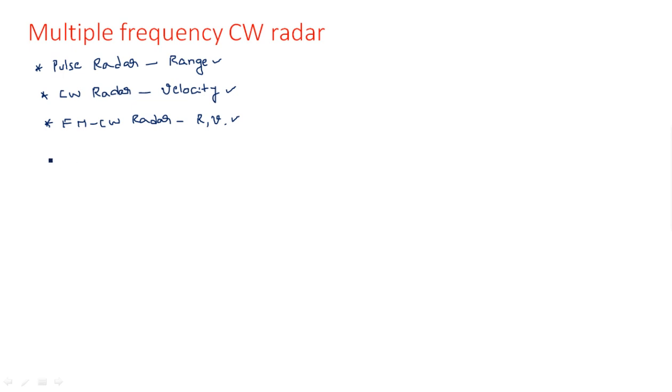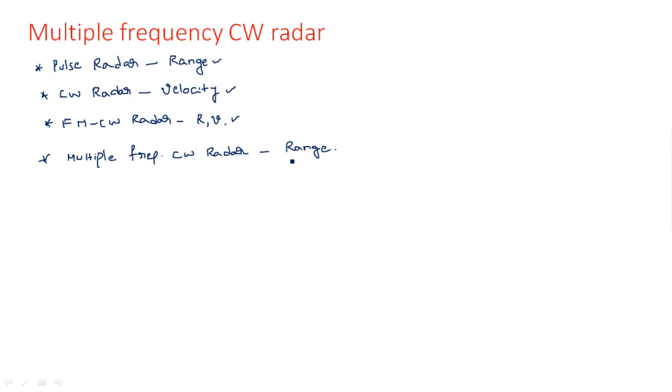Okay, so here I am going to explain a radar system called multiple frequency CW radar. CW radar can be used to calculate the velocity. Along with that, how many frequencies have we transmitted using the CW radar system? Only one frequency.